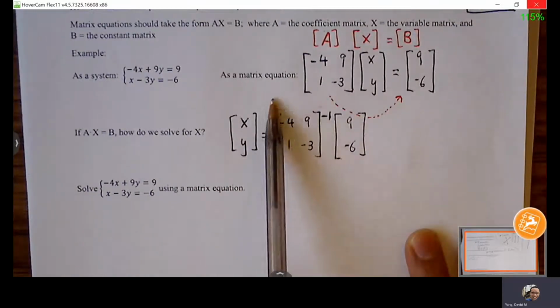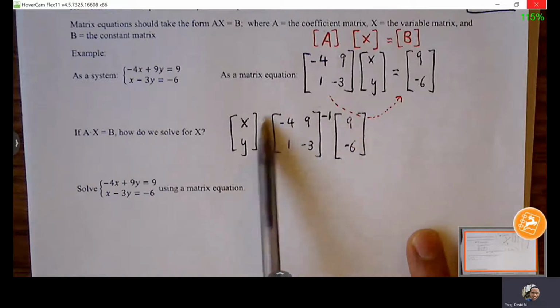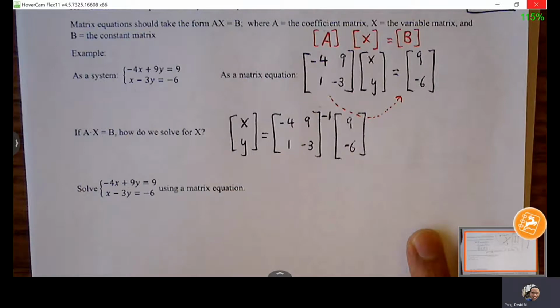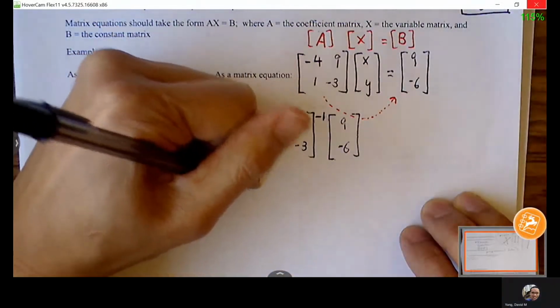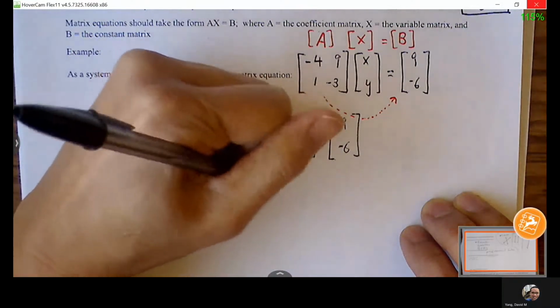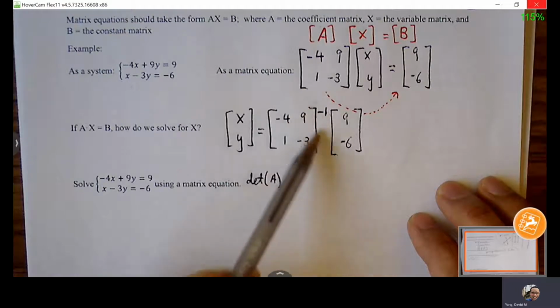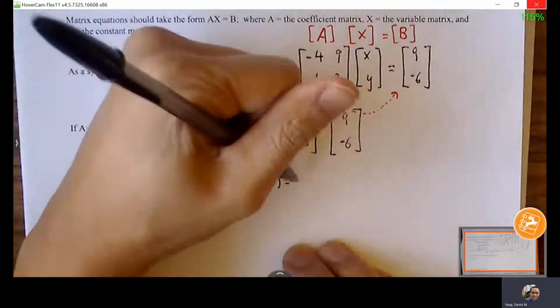Okay, so now the majority of our work is going to be trying to build the true inverse of this 2x2 matrix. Okay. So we first have to find the determinant, right? So let's do that. Okay, what's the determinant of this matrix A here? 12 minus 9.